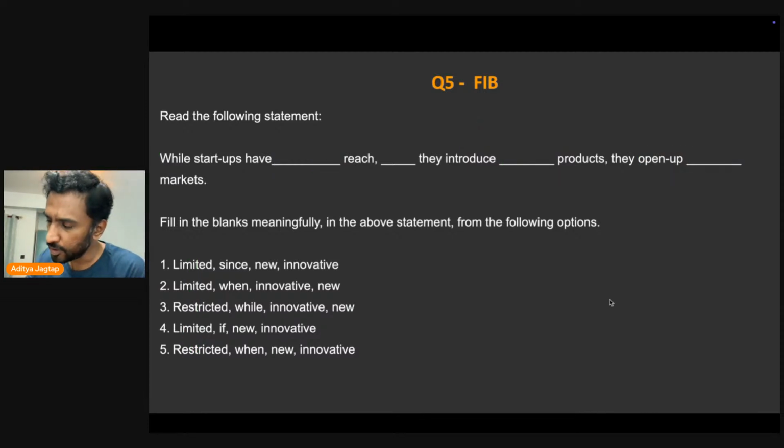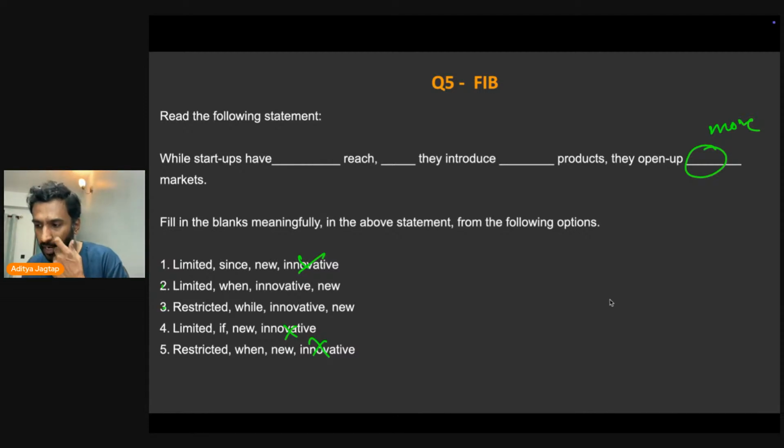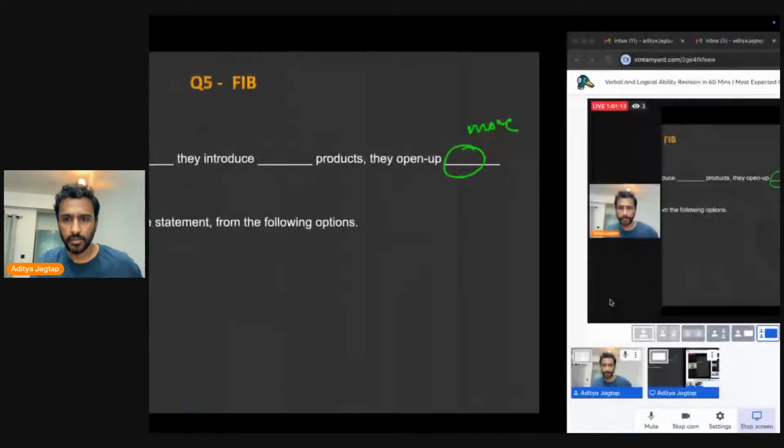So we know which word has to go here: more markets, right? So it cannot be innovative markets. That doesn't make any sense, right? It has to be new markets. So one of these two. While they introduce new products, or when they introduce new products, this could be another possible thing.